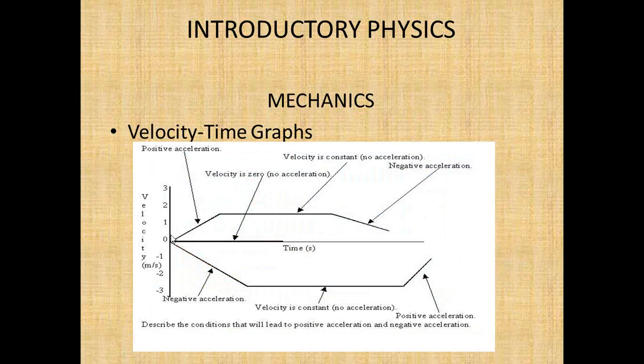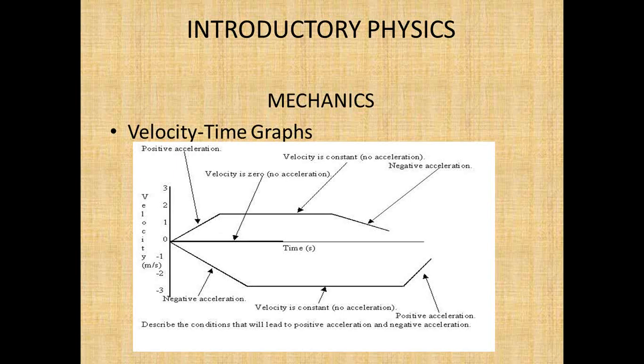So if you look here, where you have time on the horizontal axis and velocity on the vertical axis, and you have a straight line, the slope of your velocity time graph is your acceleration.